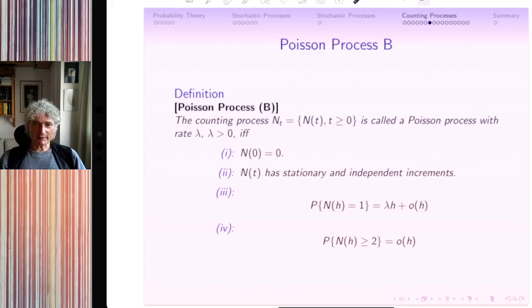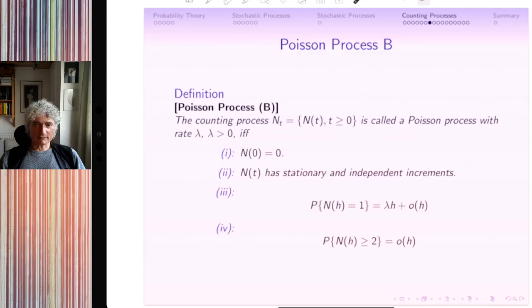Very important, but now 3 is defined a little bit differently. We assume that the probability that we count in a little time interval, given by h, exactly 1 event is given by the rate lambda times the length of this little time interval h plus little o of h.